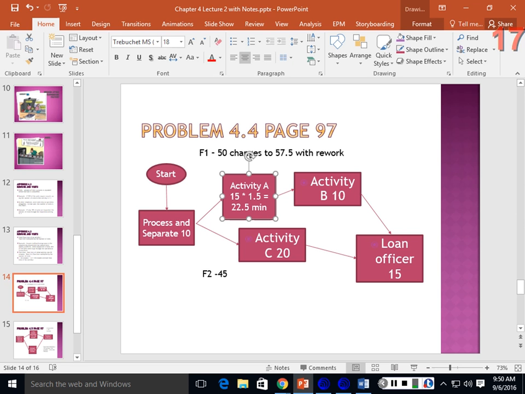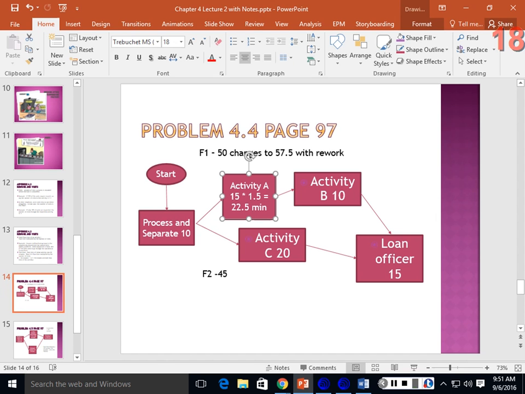On the other hand, let's say that 10% of the units had to be reworked here. Is that going to affect the flow time? Not if this is our critical path up here, because as it increases the time of that activity, it doesn't increase it enough to make it the critical path.